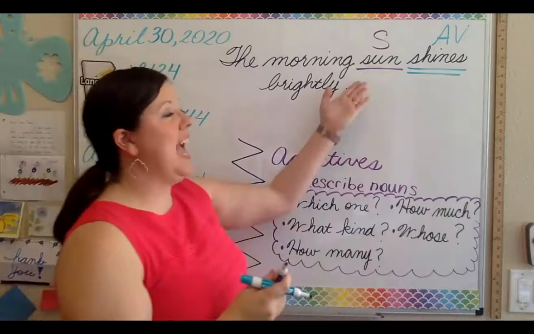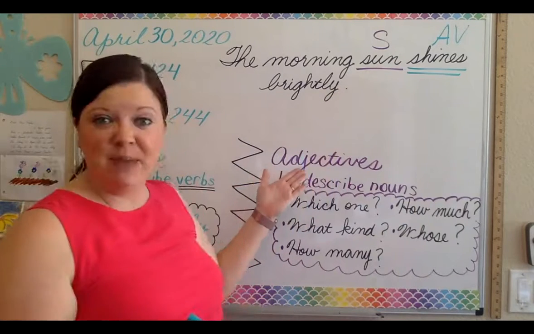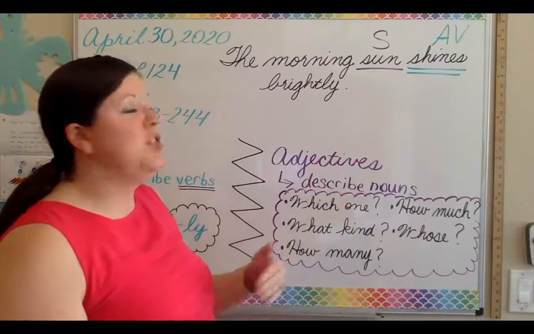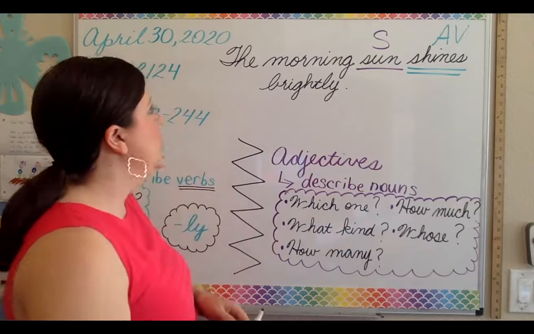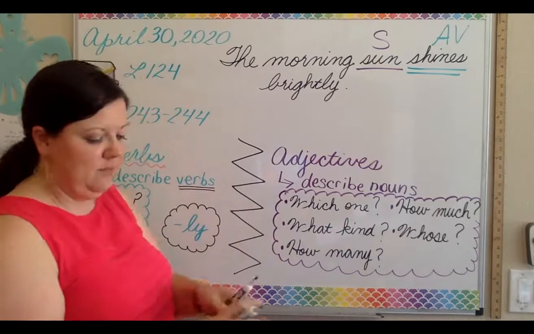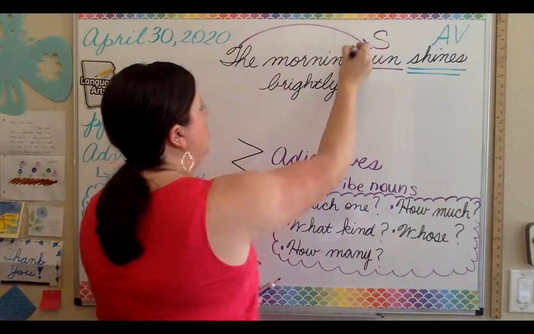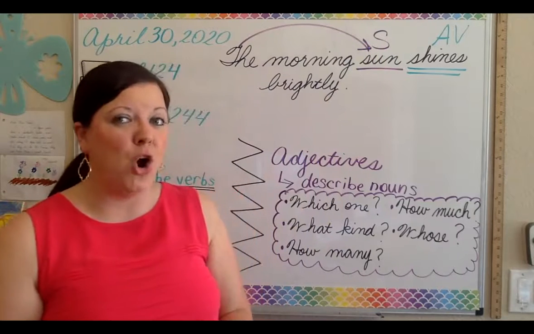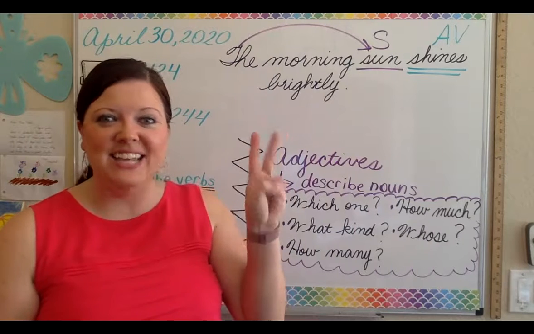Now, if we have a noun like sun, that's a thing, we could have some adjectives. Remember, adjectives describe nouns. Let's see if there are some words that tell us more information about sun. Well, which sun? The sun. The is an article, and articles are always adjectives. Do you remember how many articles there are in the English language? A, an, and the.